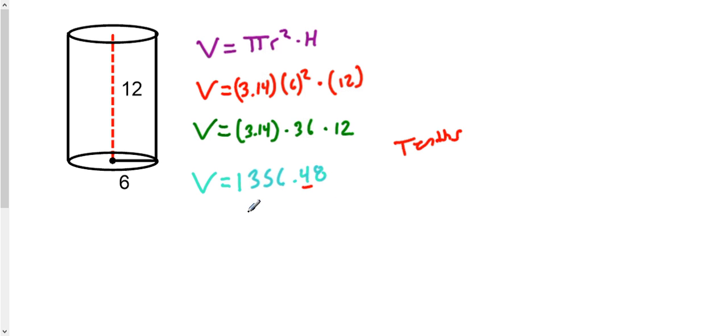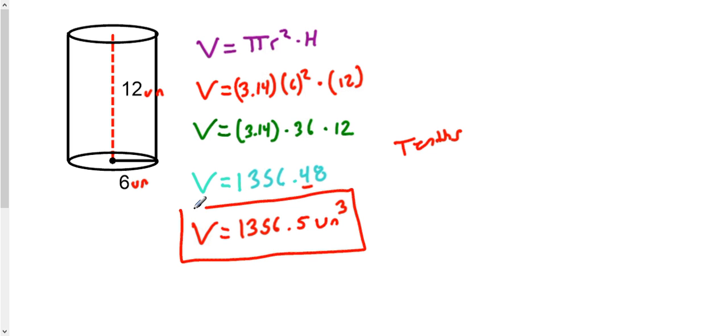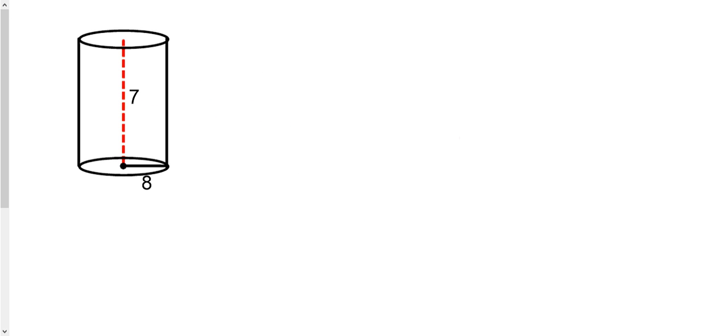So this 8 causes this 4 to become 5. We do have to put units. Since I didn't specify what the units were at the beginning, we're going to put units, and volume is always cubed. So this cylinder here has a volume of 1,356.5 units cubed.